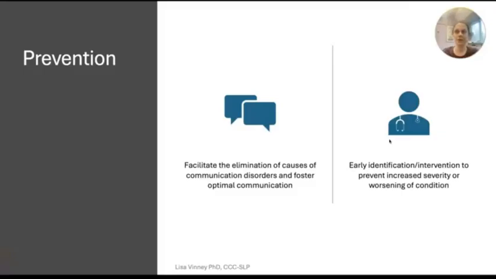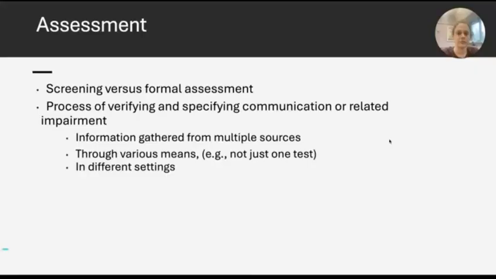If we let it go on for many years and it's unaddressed, it can be harder to treat, and there can be learned habits or compensatory strategies that can be harder to alter and change because they become well practiced, because they've been used for a longer period of time. So early identification and intervention are really, in a way, preventative as well.